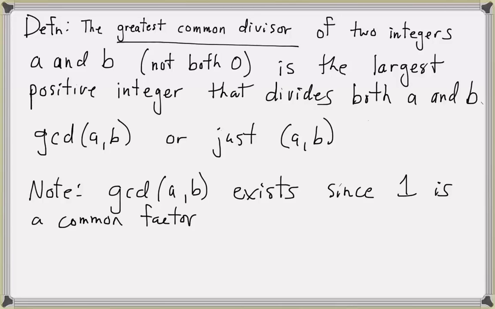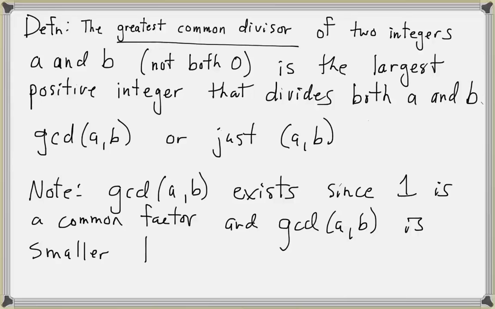A and b always have at least one common factor that's positive, and the greatest common divisor of a and b is smaller than the absolute value of a or the absolute value of b. Every divisor of a has to be smaller than the absolute value of a, and likewise every divisor of b has to be smaller than the absolute value of b. So the greatest common divisor is always between 1 and the minimum of the absolute value of a and the absolute value of b.